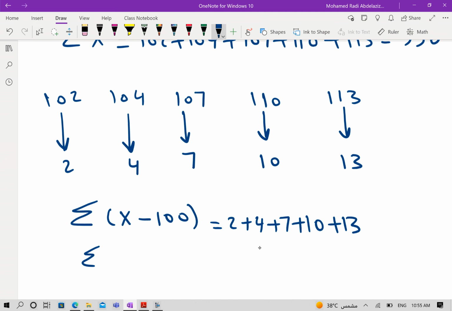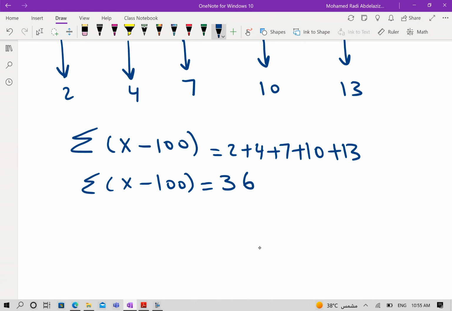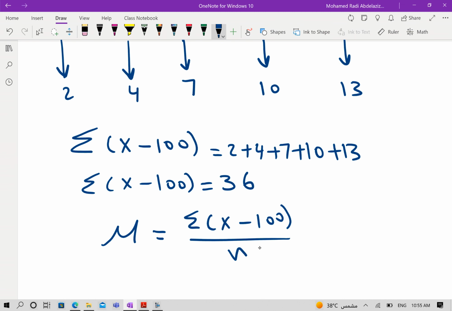So sum of x minus 100 equals what? Equals 36. Now, if you get mu of x minus 100, which is sum of x minus 100 divided by n, it will be 36 divided by 5, so the answer is 7.2.